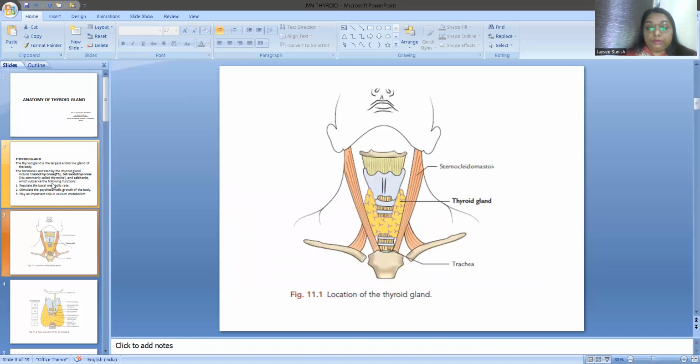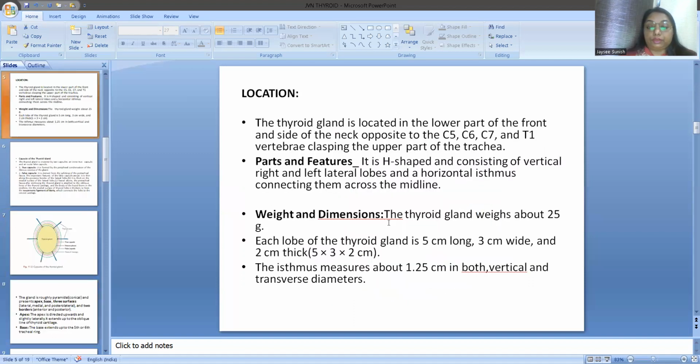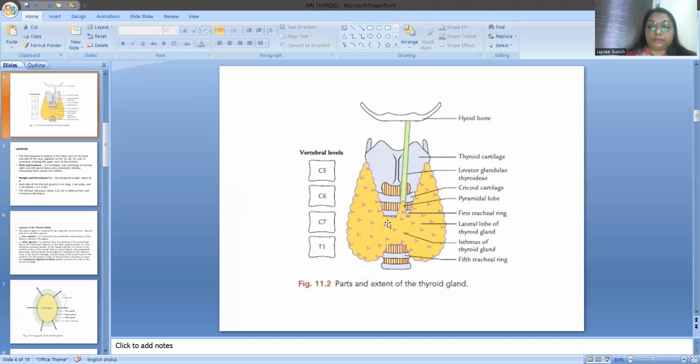So we can see the location of the thyroid gland. This is the trachea, and this is the neck region. So we can assume the location of the thyroid gland in relation to the trachea. The thyroid gland is located in the lower part of the front and side of the neck, opposite to the vertebral levels C5, C6, C7, and T1, clasping the upper part of the trachea.